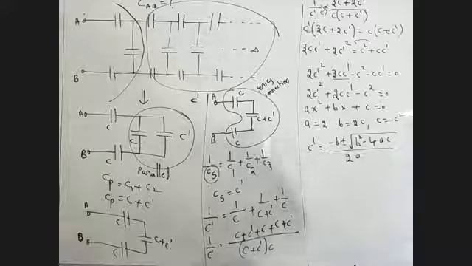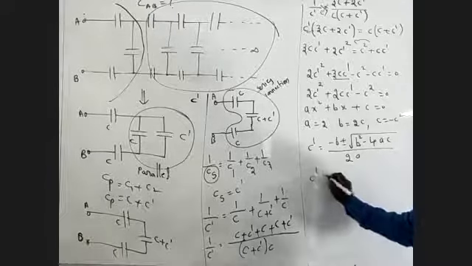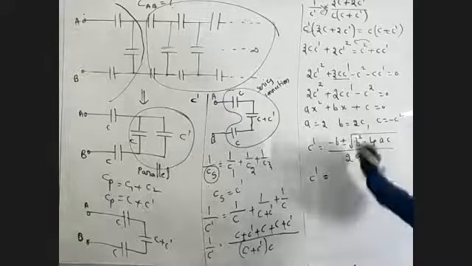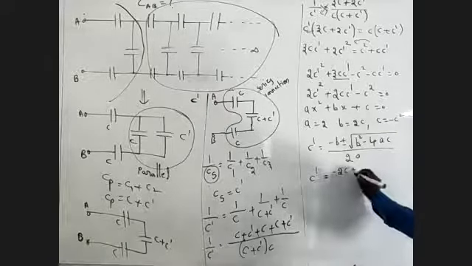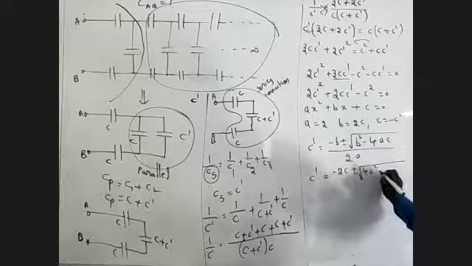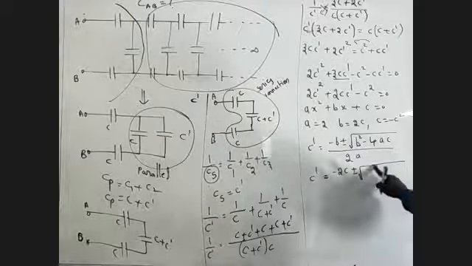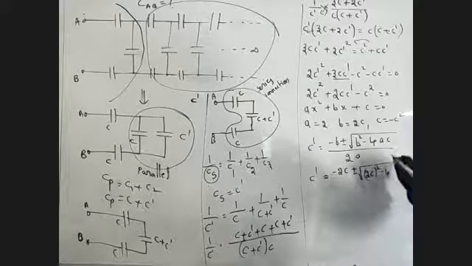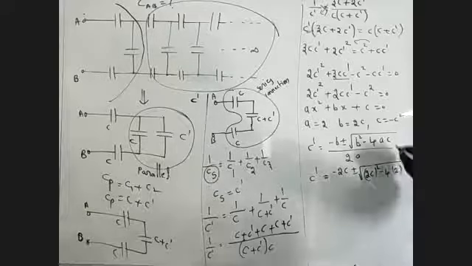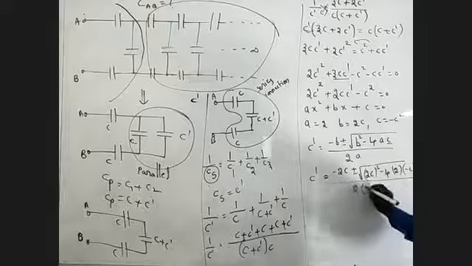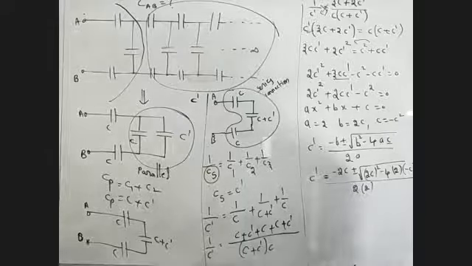C' is equal to minus b, means minus 2C, plus or minus root of b squared. b squared means 2C whole squared, minus 4, a means 2, c means minus C squared, by 2 into a, means 2. This is our value.